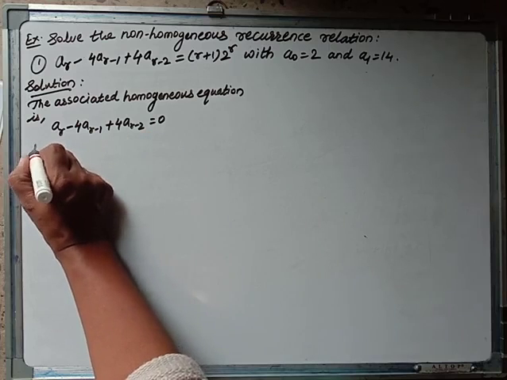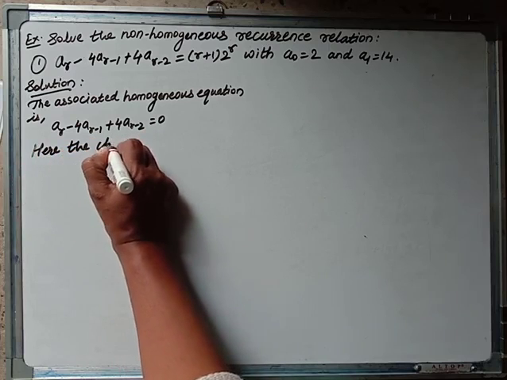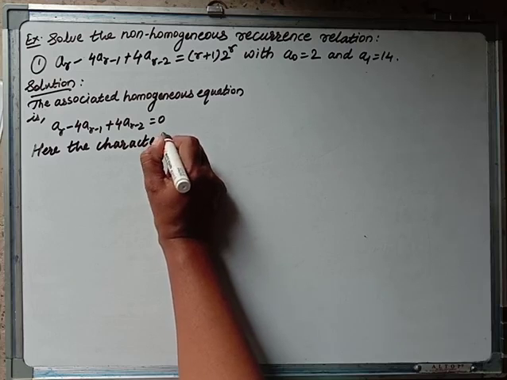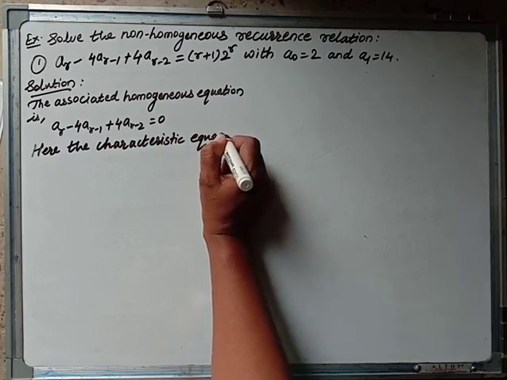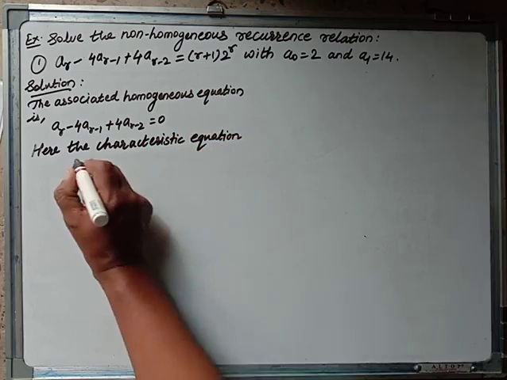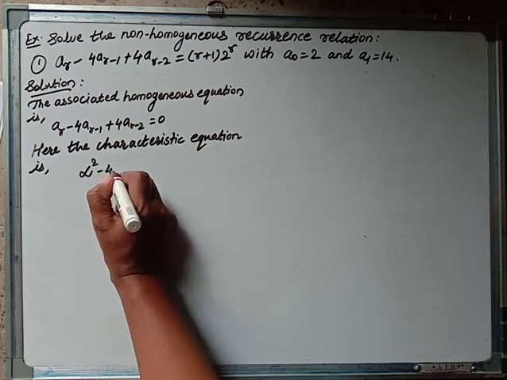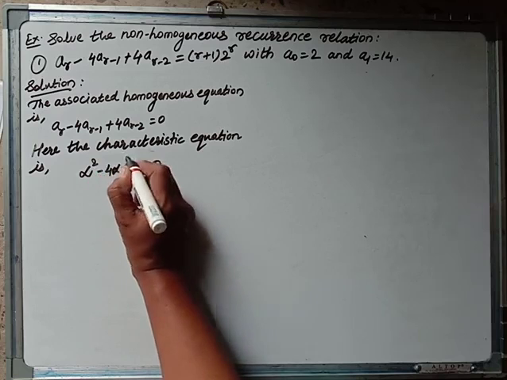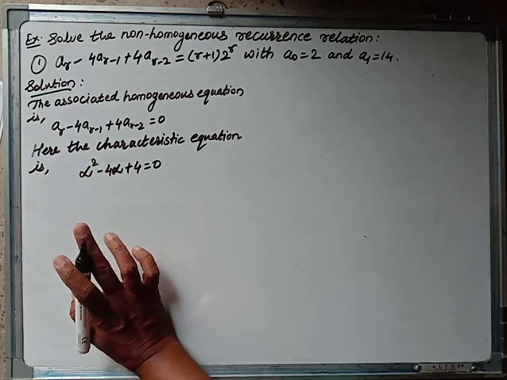So here the characteristic equation is alpha squared minus 4 alpha plus 4 is equal to 0. Here, since it is a_(r-2), our highest power of alpha will be 2.